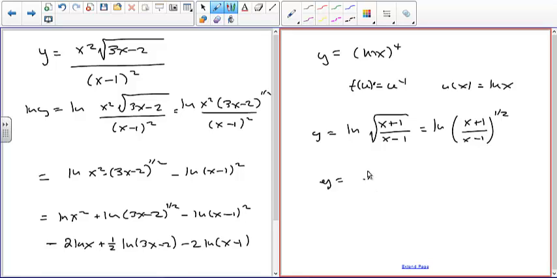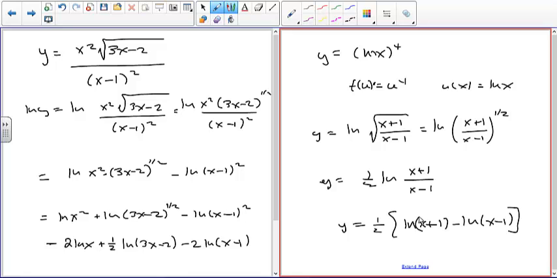So you take the exponent out like that. And then what's the last thing I can do? You could do ln of (x plus 1) minus ln of (x minus 1). Okay. So that's good.